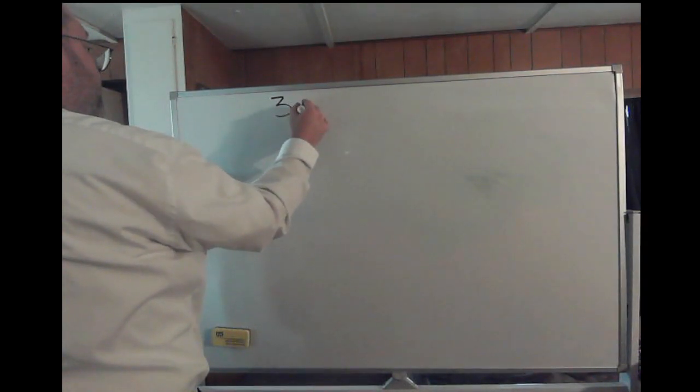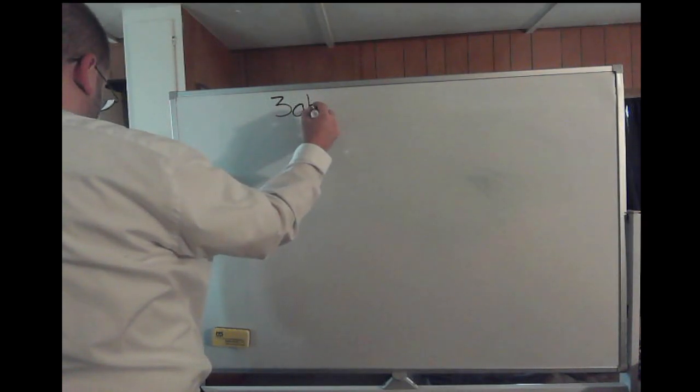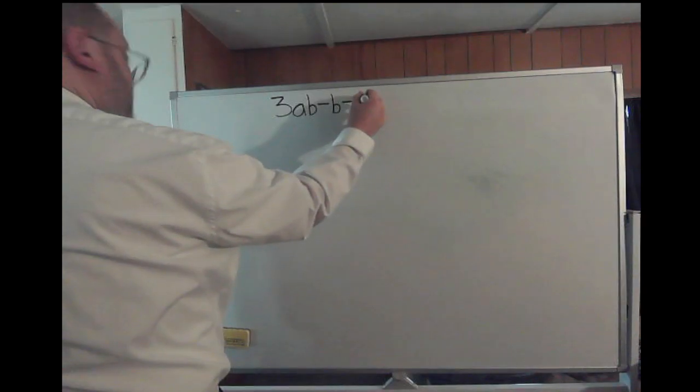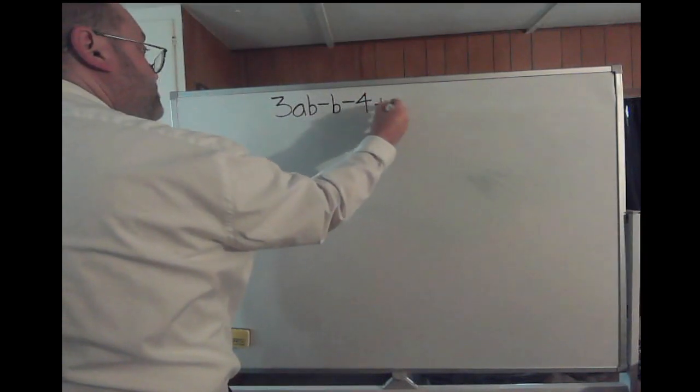Alright. We got 3ab minus b minus 4 plus 12a.